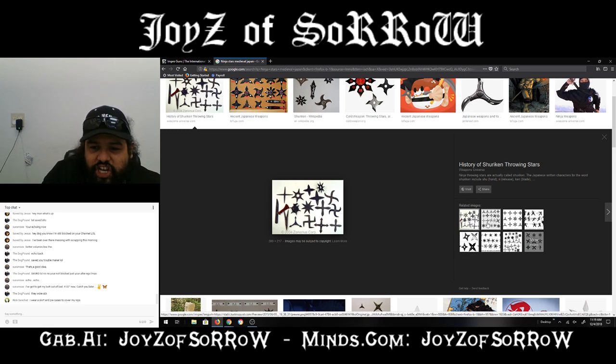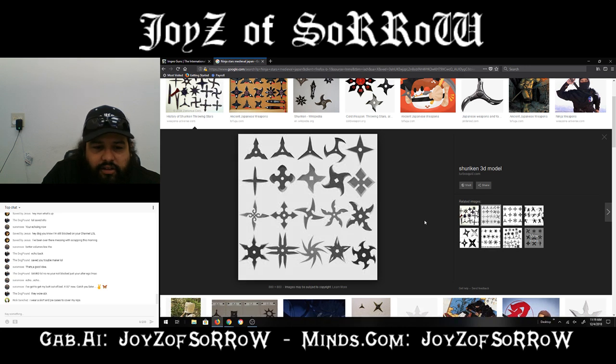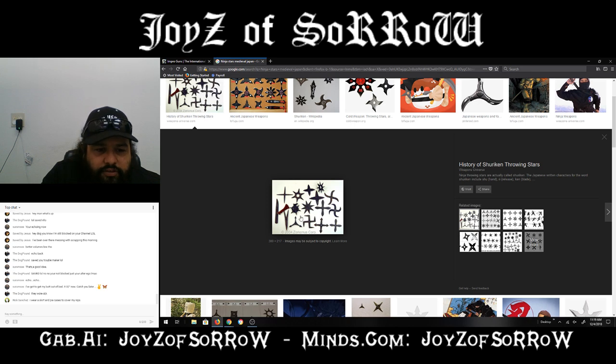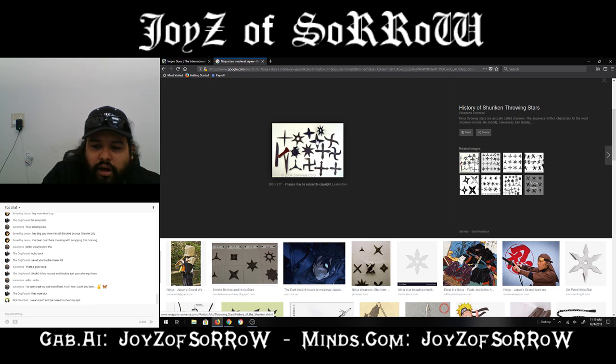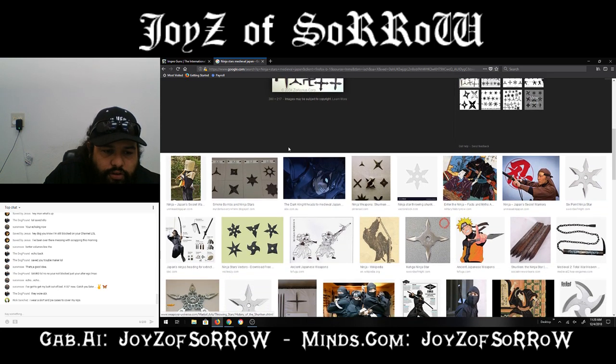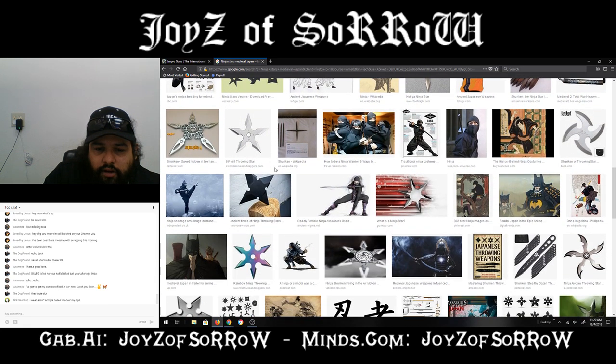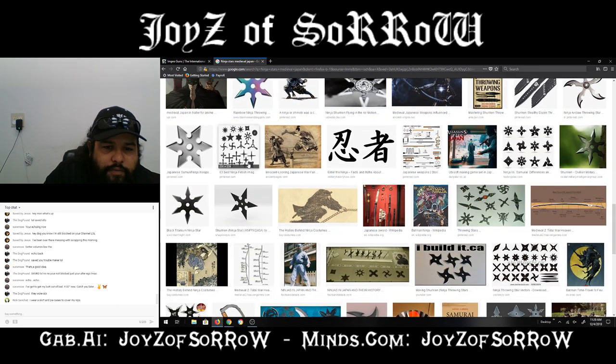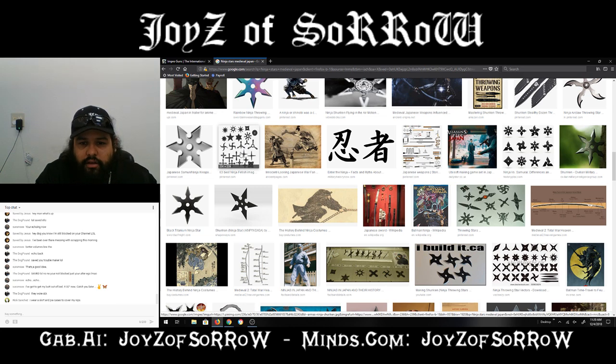Regardless of whatever shape those stars took, those are more modern iterations. This would be more practical right here, of what was actually available at the time. But regardless of what shape they took, they all have one thing in common. They are all made of one solid piece of metal, or whatever material they were made of. They are not multi-piece like that. Something like that will fall apart in a heartbeat.